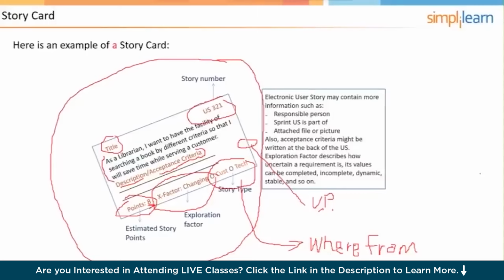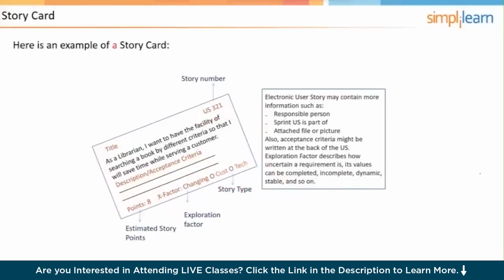Over to the right here on the same chart, we have some comments about if you are using a software package like Trello or Jira. The user story cards will generally be able to contain more information using dynamic links and things like that.